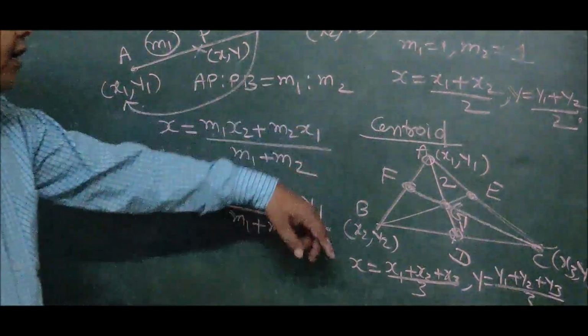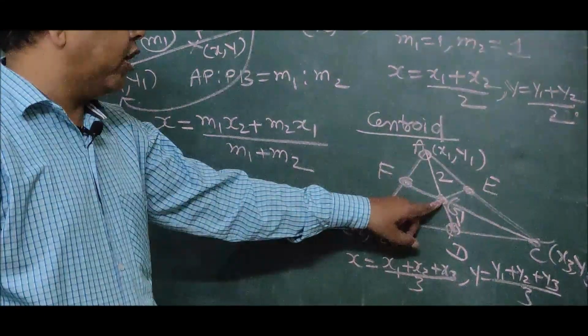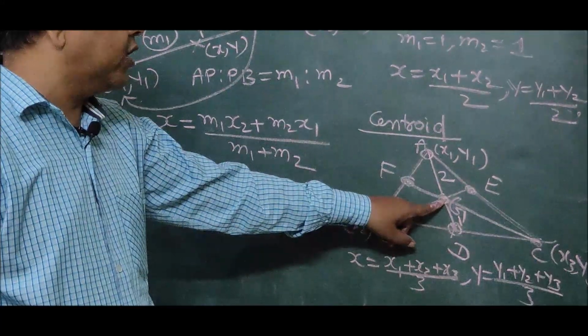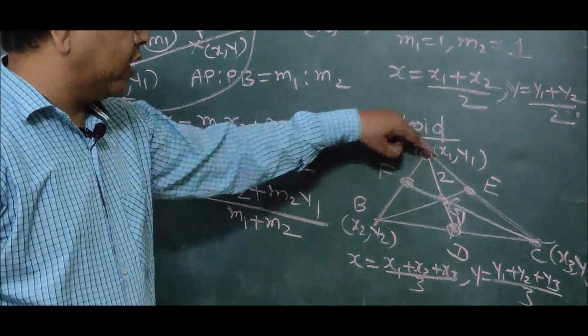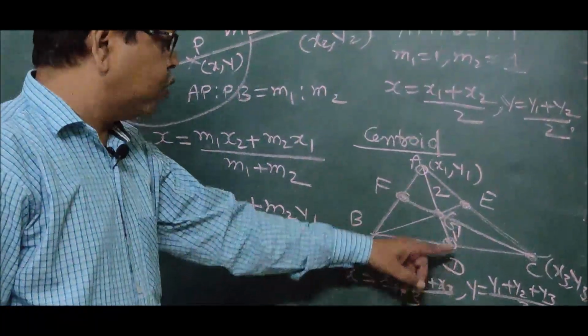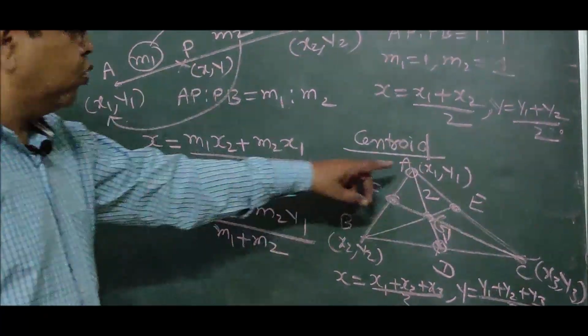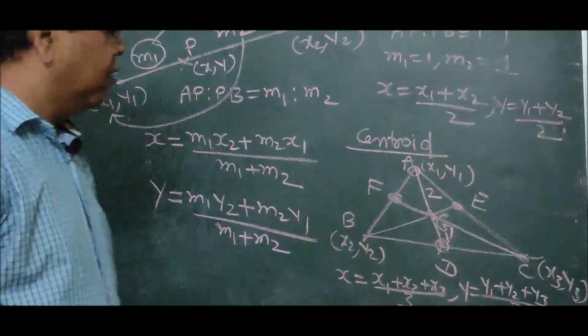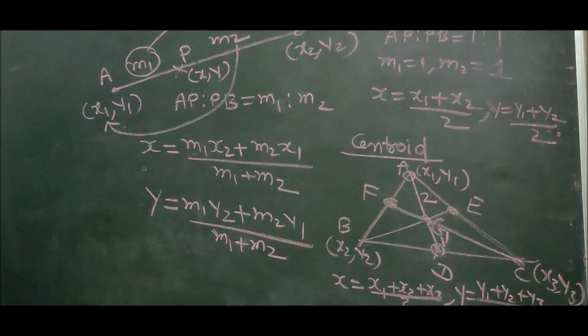So to get the coordinates of the centroid of the triangle, we just need to add the x coordinates of the three vertices and divide by 3, and to get the y coordinate, we just need to add the y coordinates y1 plus y2 plus y3 divided by 3.